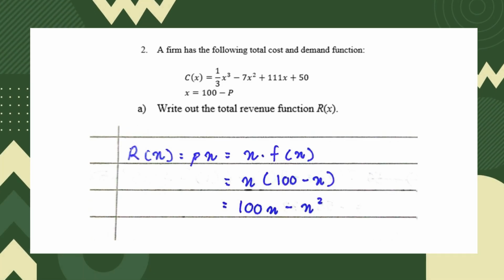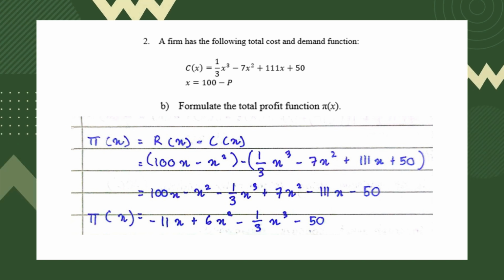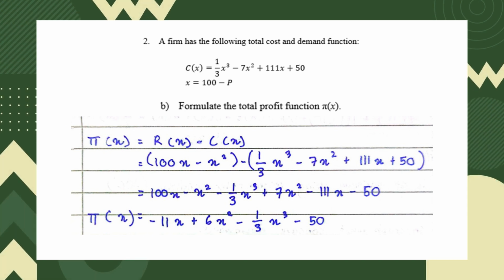So for question 2A, we just have to find the total revenue function. We just have to multiply the x with 100 minus x, resulting in 100x minus x squared. For question 2B, we have to find the total profit function. Since the question has given the cost function, we subtract the cost function from the revenue function.